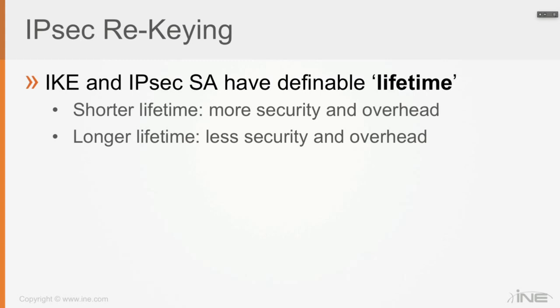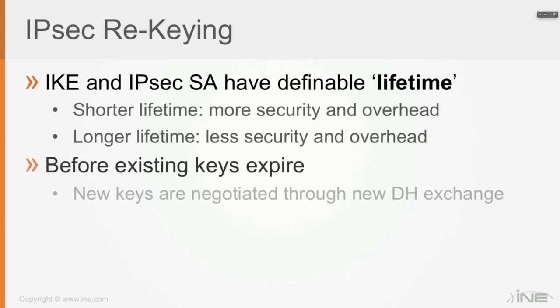So it's always a debate depending on what you want to achieve. Now, the IPsec peers don't wait for the keys to expire and then renegotiate. Before the existing keys expire, new keys are negotiated through additional Diffie-Hellman exchanges.